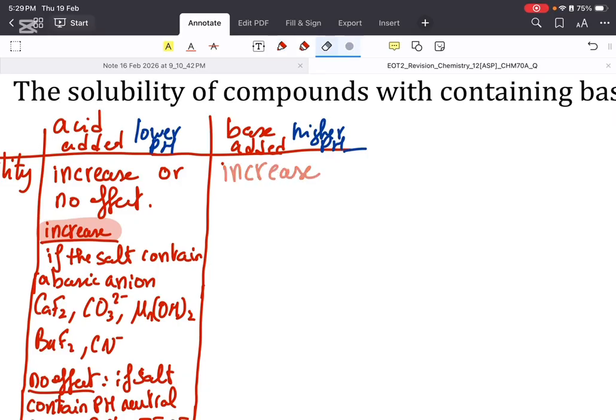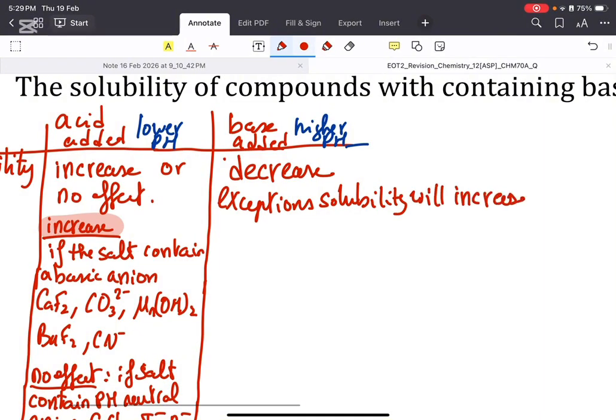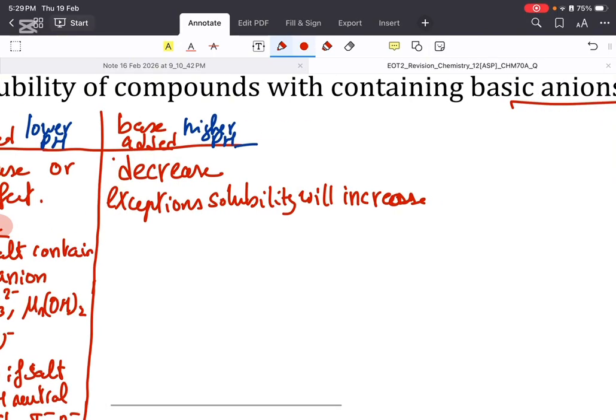Sorry, in most of the cases it's gonna decrease when a base is added, but in some particular cases, in some exceptions, solubility will increase. So let me start with when it's going to decrease.